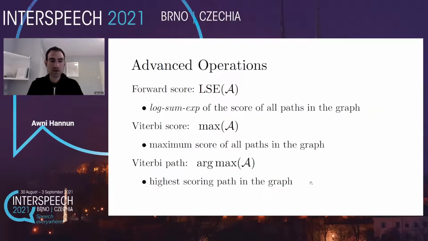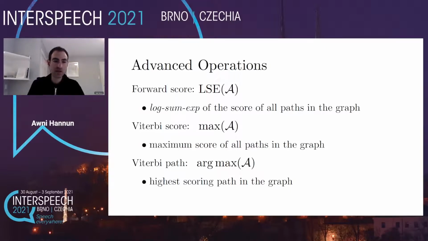Okay. The second set of advanced operations, which are perhaps the second most important group of operations with automata after intersect and compose, although some might argue they're more important, are often grouped as shortest distance or shortest path algorithms.